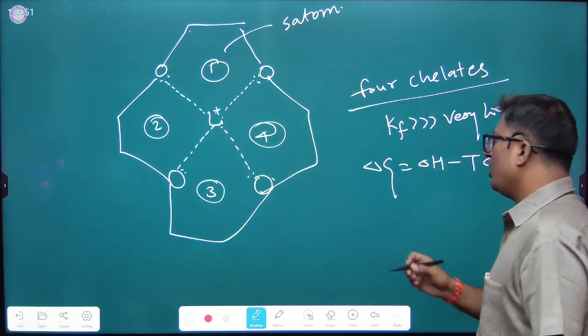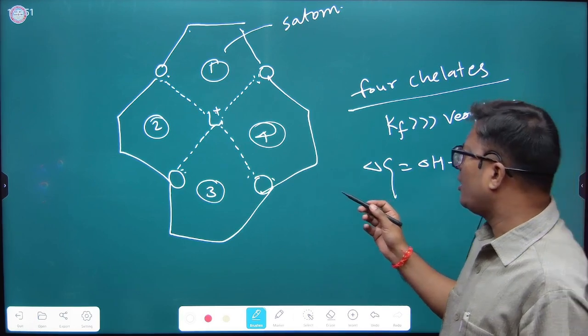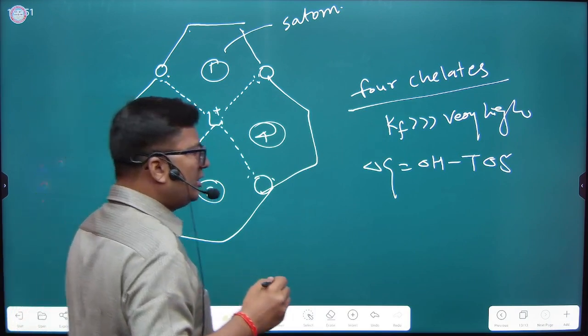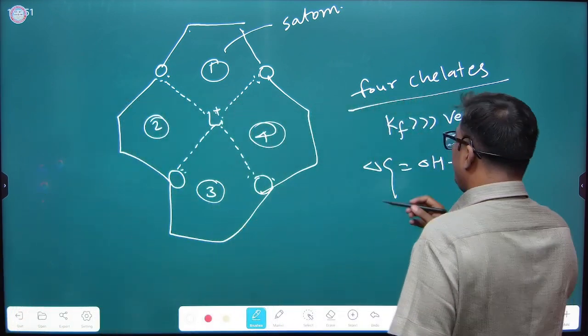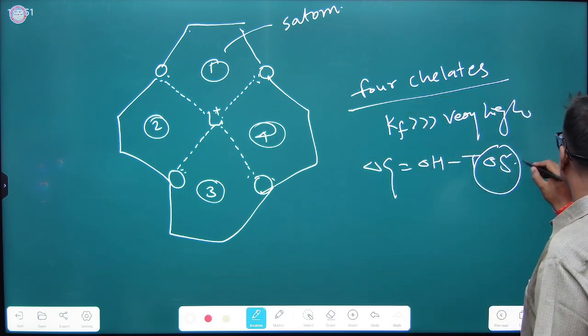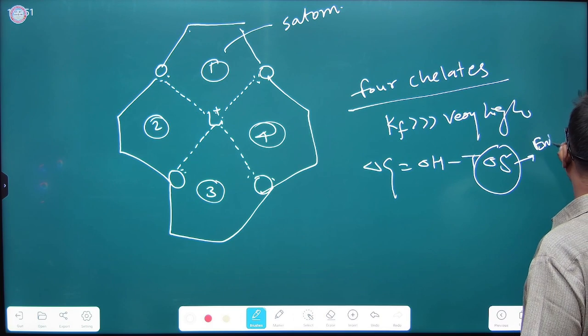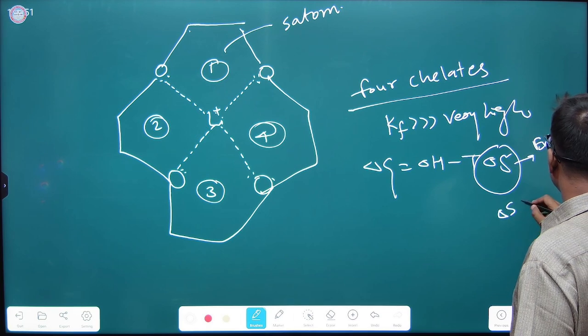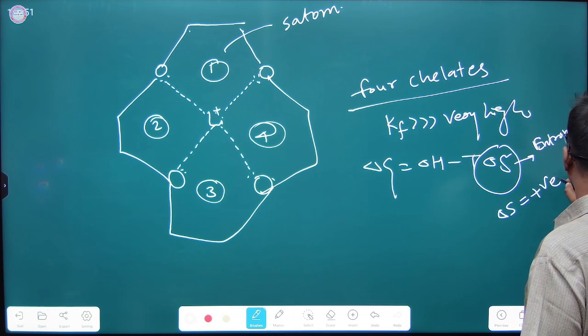So a greater number of atoms or multiple interactions cause enhancement of the entropy factor. So this is called entropy, and this entropy is actually delta S, which is positive in nature, right?